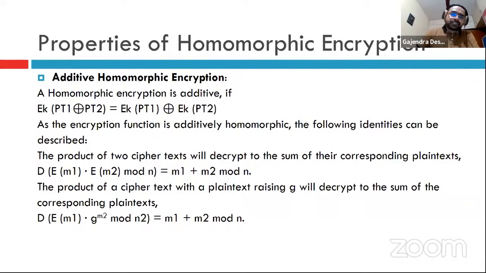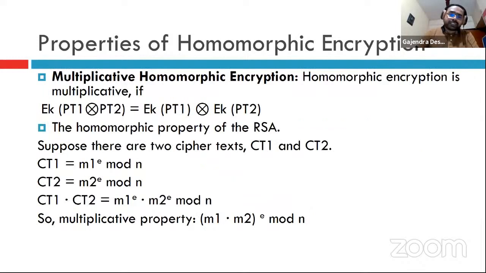So similarly, there are a few more identities. The next is multiplicative homomorphic encryption. It is multiplicative if you have two plain texts and you multiply both plain texts and encrypt them. Its result will be equivalent to the encryption of the multiplication of individual plain texts.